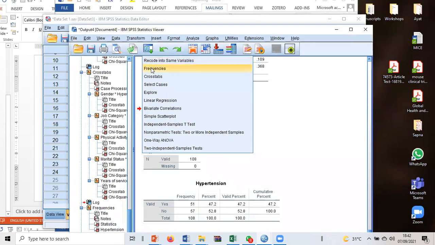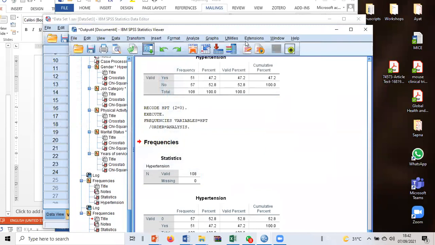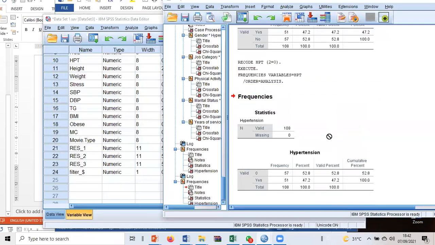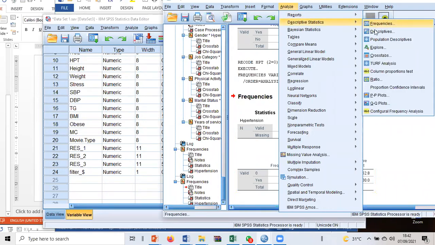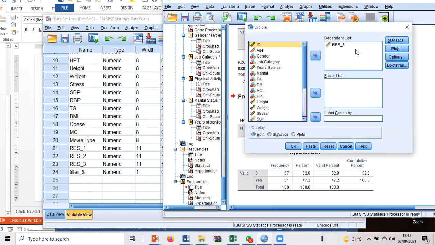Can I do frequency now? Are we having the same value? Yes, 47.2%, right? Now my coding is 1 and 0. Approximately, we can do the inference in the Explore procedure by taking this value as hypertension.